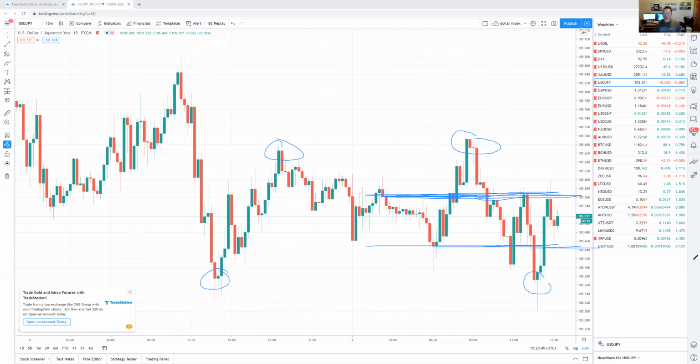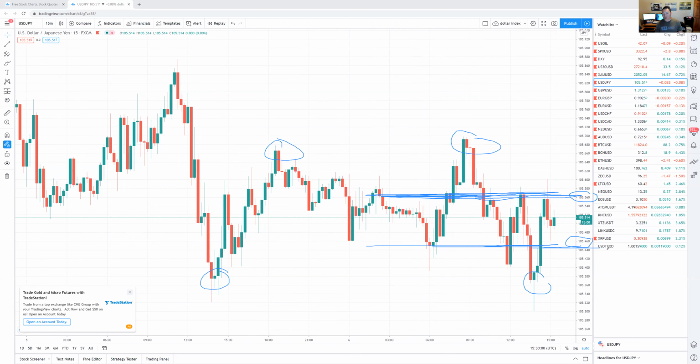So now you've got a 10 pip range, from 105.56 to 105.46. You can see there is consolidation between these prices.